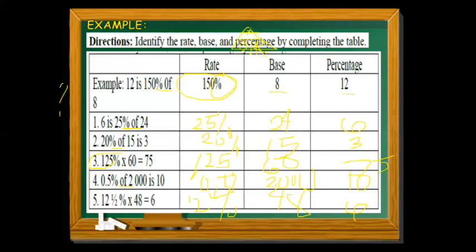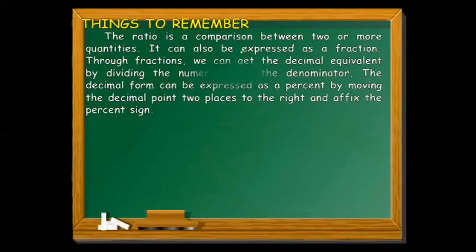Okay? Alright. So always remember, class, things to remember: a ratio is a comparison between two or more numbers or quantities. It can also be expressed as a fraction. Through fractions, we can get the decimal equivalent by dividing the numerator by the denominator. The decimal form can be expressed as a percent by moving the decimal point 2 places to the right and affixing the percent sign.